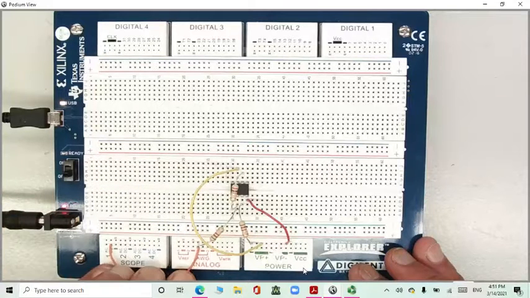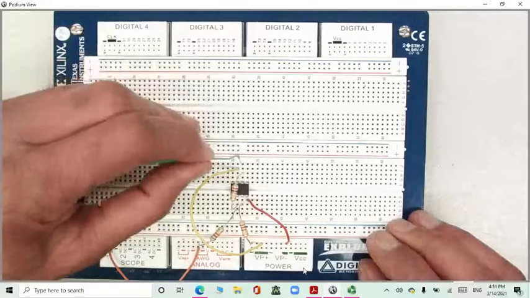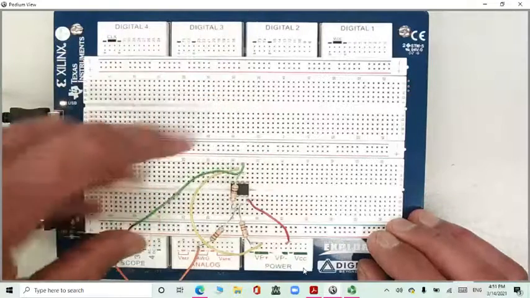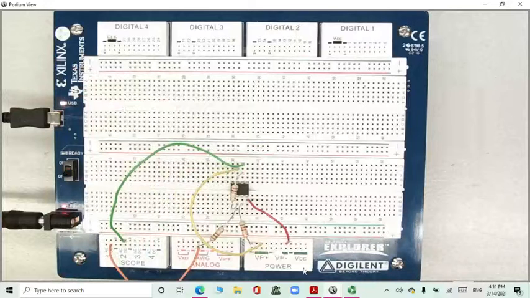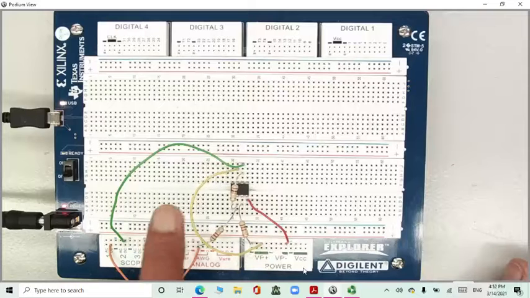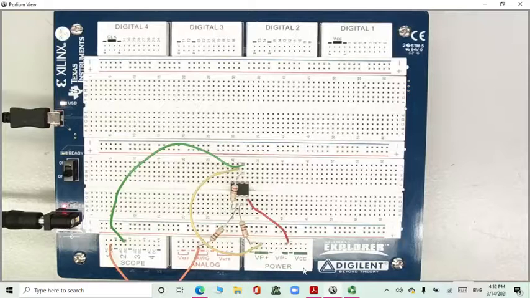Let me choose channel 1, and our output to the scope also, channel 2. So now it's ready to be used, right? This is the negative supply to pin 4. This is the positive supply to pin 7. This is channel 1, which is your input, channel 2, your output, and now we can start our experiment.